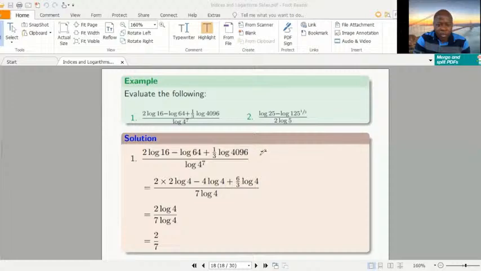In fact, I wanted to say that the numerator will be the log of 496 raised to a third times 16 raised to 2 divided by 64. This is what I wanted to say, that this is our numerator.